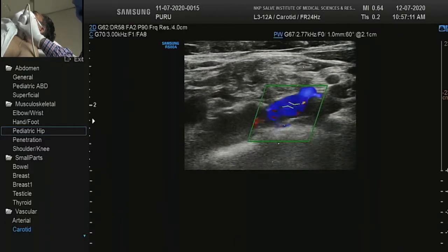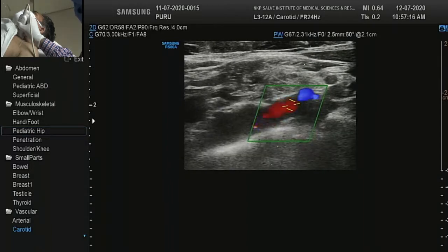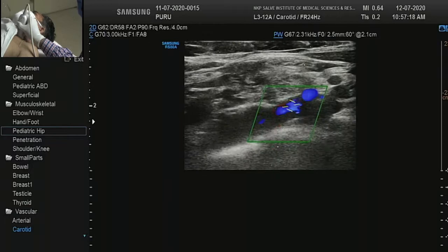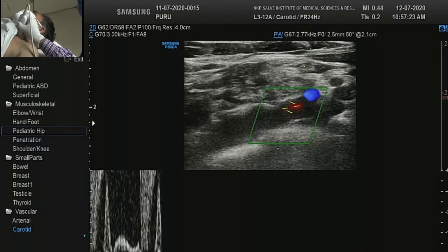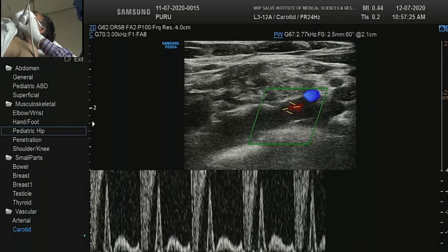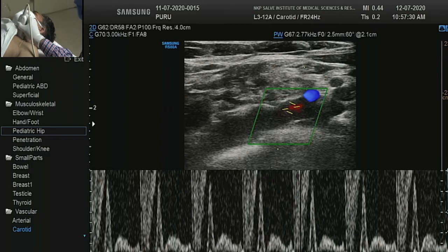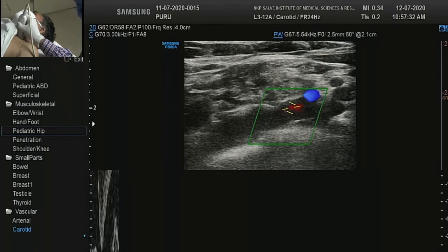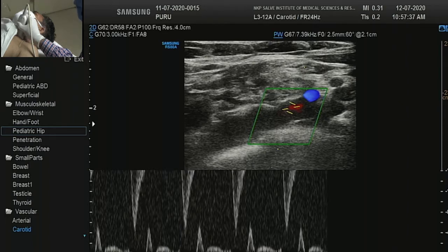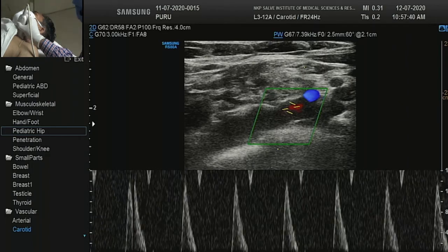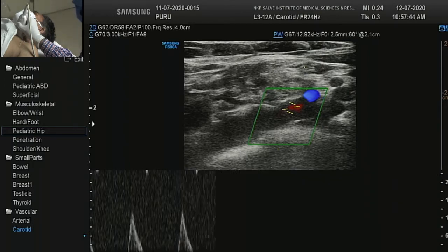We will make the sample volume bigger in size. It is now 2.5 centimeters. The subclavian is 8 to 11 millimeters in size, and you can see this is going out. So what would you do? Here you do manual adjustment by changing the scale. You increase the spectral scale, and now we will invert the Doppler so that you can see this sharp flow.